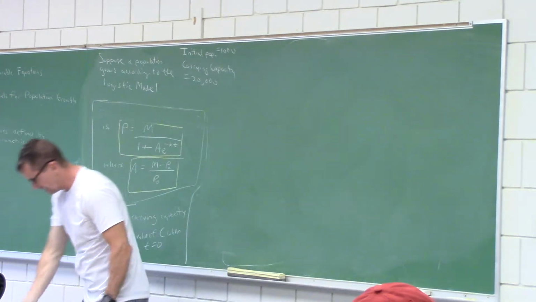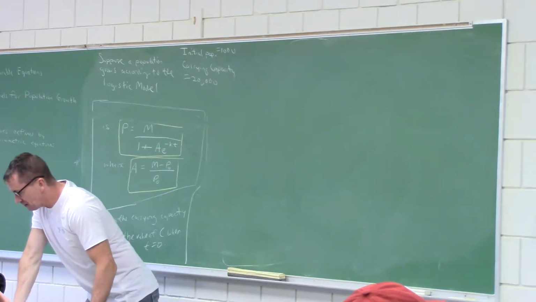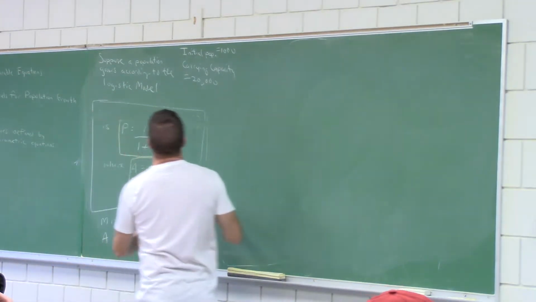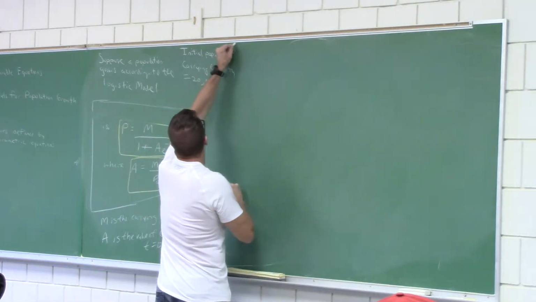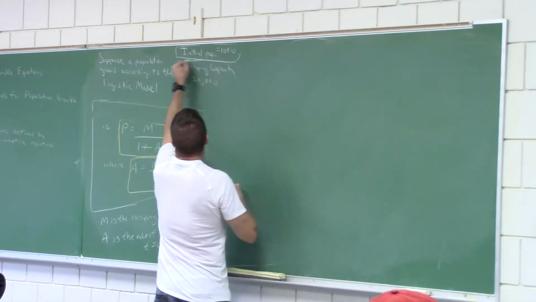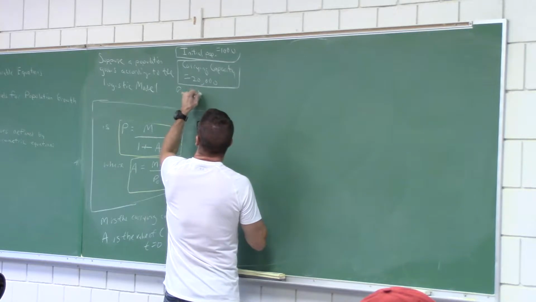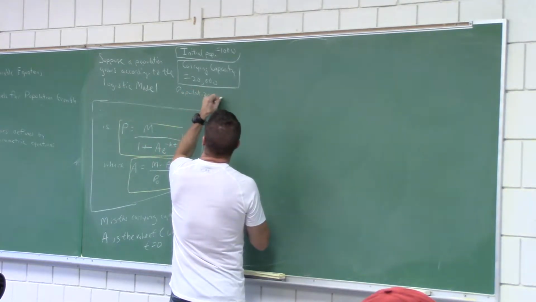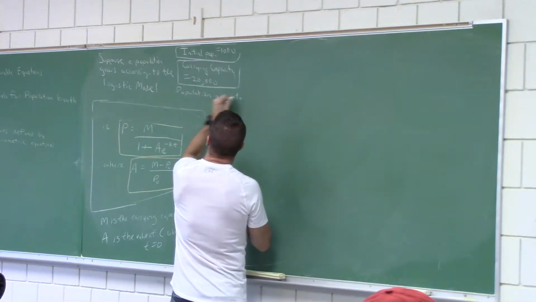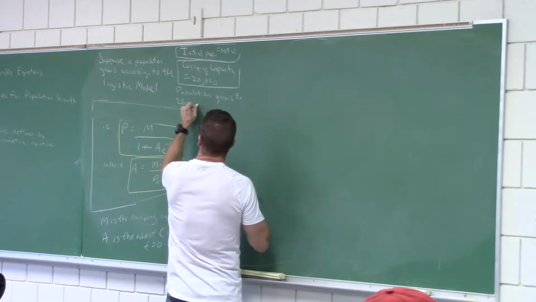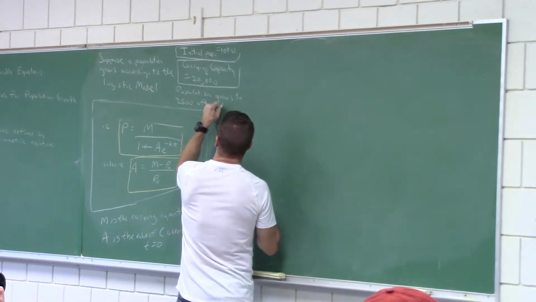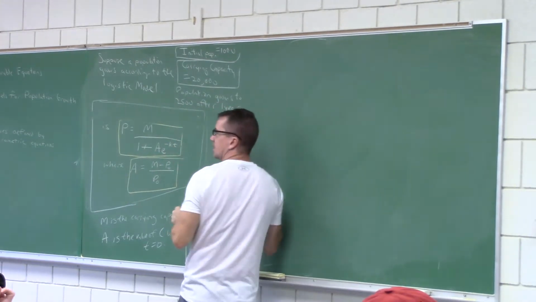Anything else? They said the population grows to 2,500 after 1 year. So they gave us this. That sounds like they gave us information so we can figure out that K value.